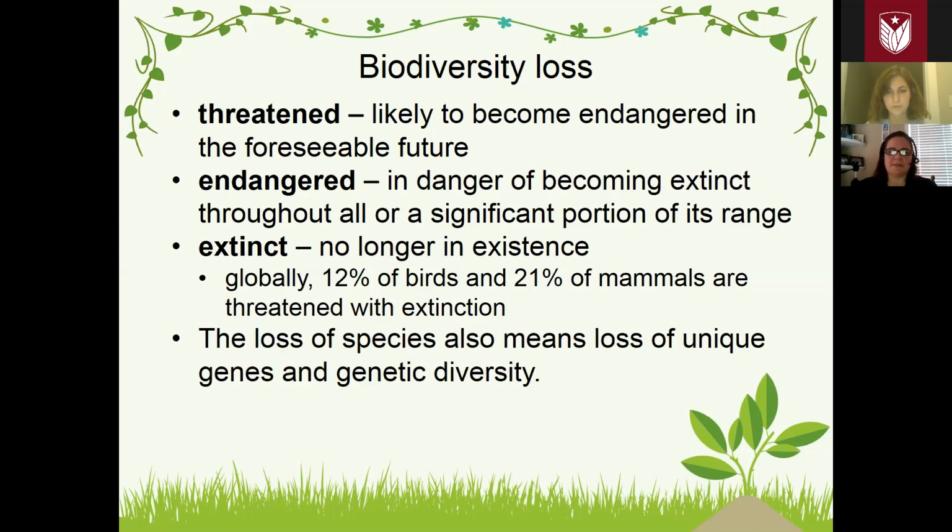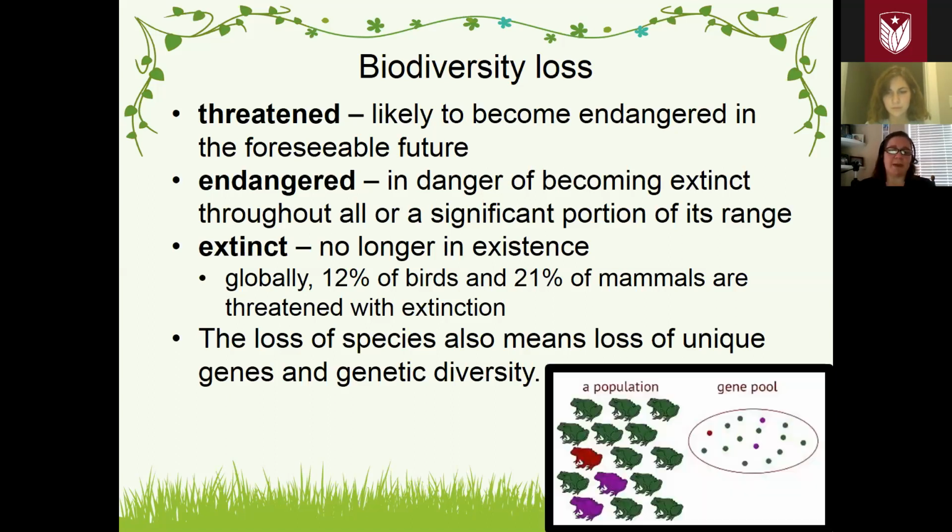And the loss of species also means loss of unique genes and genetic diversity. So if you think back to this diagram that I showed early on, if we were to lose, say, the purple frogs, that genetic information would also be lost. And so the genetic pool would become smaller. The ability for that population or that community of organisms to survive in the future, if there are changes in the future, becomes less.